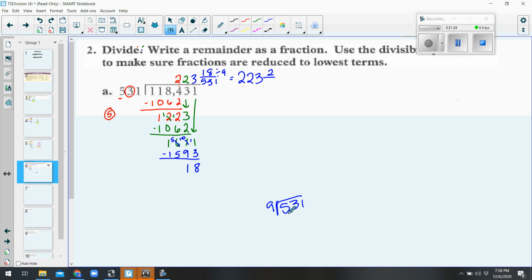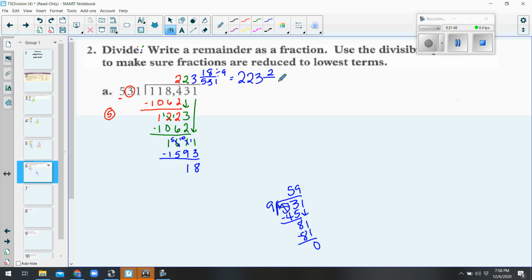9 won't go into 5. It will go into 53 5 times. So 5 times 9 is 45. 8 is less than 9, so bring down your 1, and 9 goes into 81 9 times.